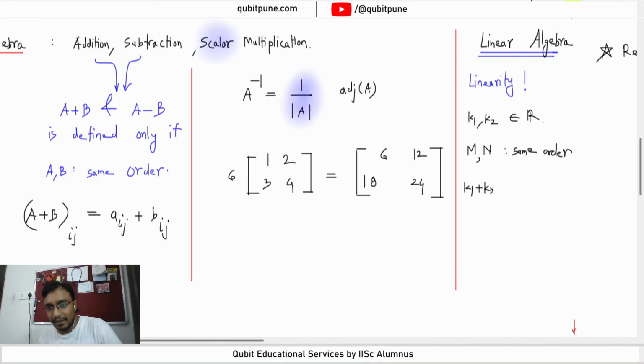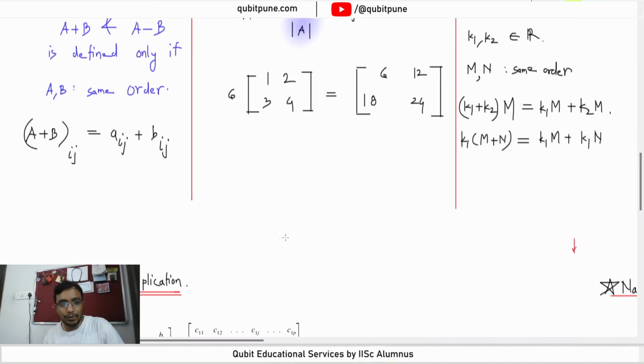If it is (k1 plus k2) into m, I can write it as k1m plus k2m. If I want to do k1 into (m plus n), I can do it as k1m plus k1n.